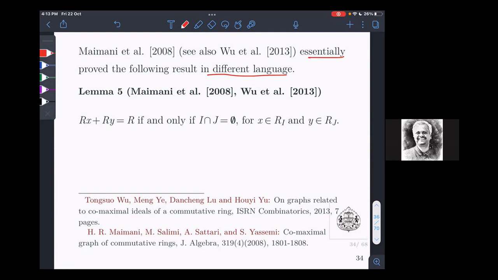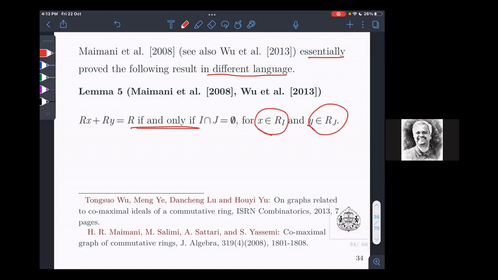So what it says: the principal ideal generated by X and the principal ideal generated by Y are co-maximal if and only if, with X sitting in partition Ri and Y sitting in partition Rj, the suffixes I and J have empty intersection. And that's an if and only if statement.